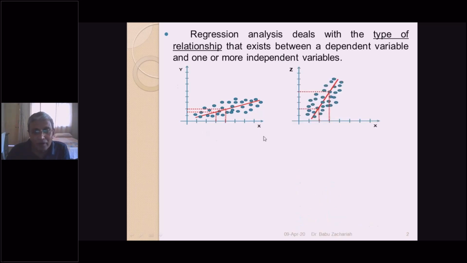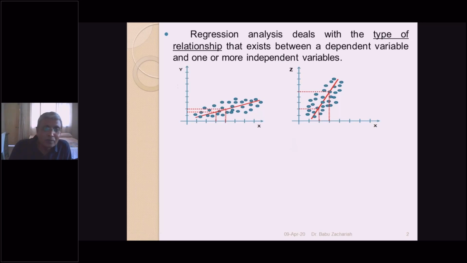Take another one. Here x and z, another variable. A scatter diagram is there, and the line to show the trend is also given. And here 1 unit change in x results in 3 unit changes in z.